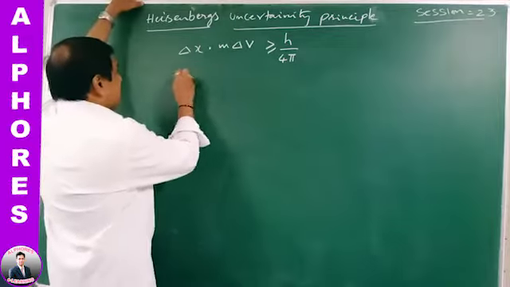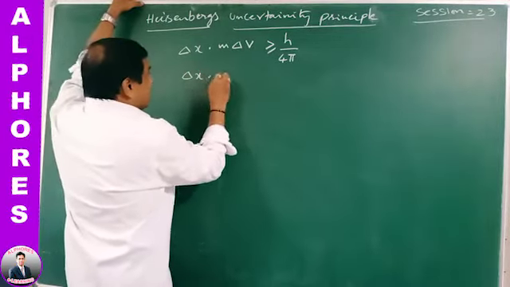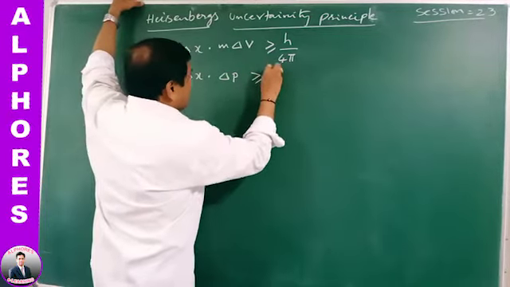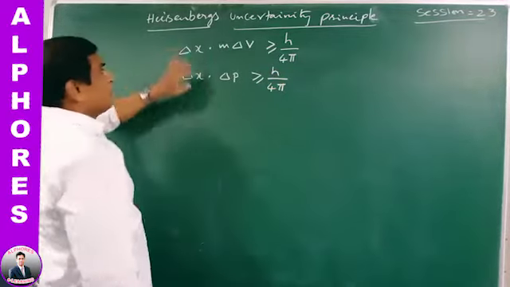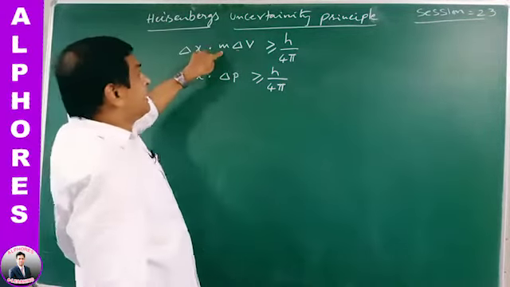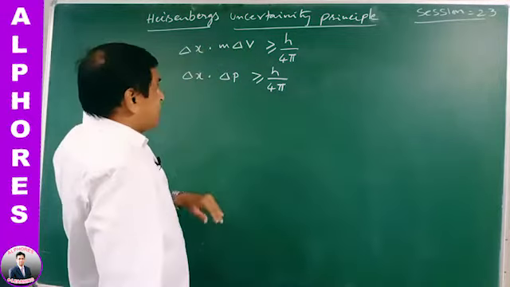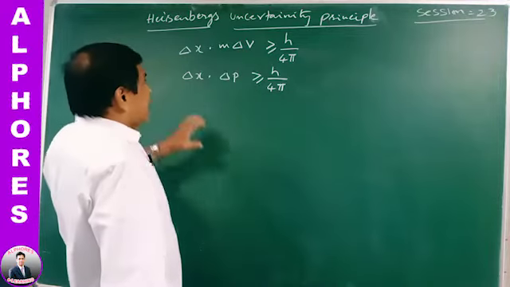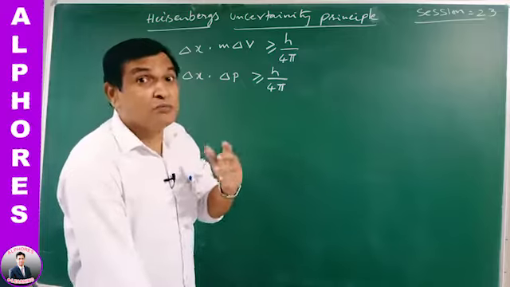Or we can also represent it like this: delta x into delta p greater than or equal to h by 4 pi, where m is the mass of the particle and delta v is the uncertainty in the velocity, that is the change in velocity, and delta p represents the uncertainty, that is the change in momentum.